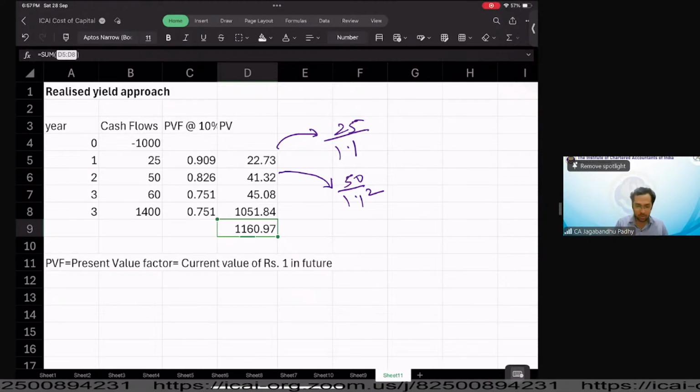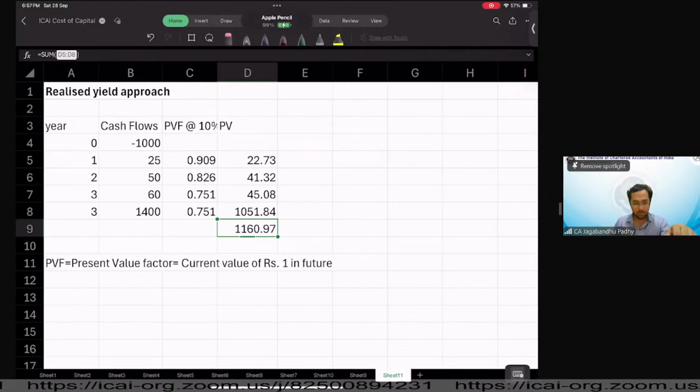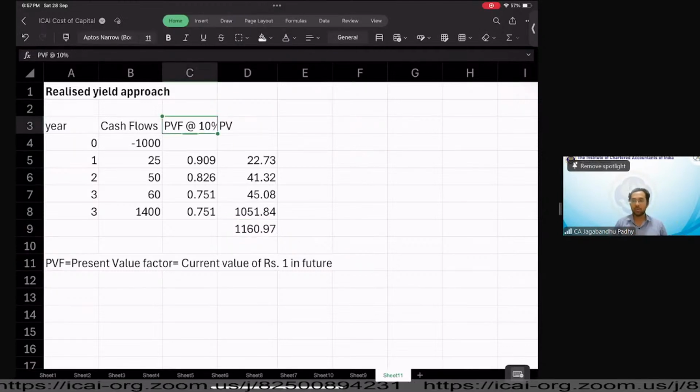So I want the value to be 1,000. So is this equity share giving you 10% return, more than 10% or less than 10%? What's the rate of return that is being given by this security?